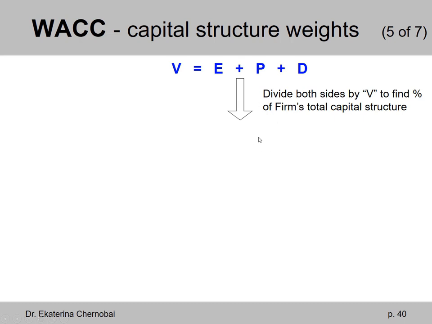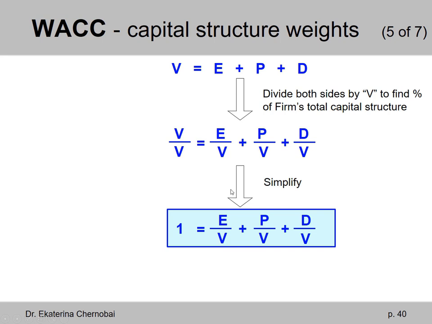Mathematically, we need to divide both sides of our firm value formula by the firm value, capital V. Then we would have V divided by V on the left-hand side, which is simply 1, and that equals on the right-hand side E divided by V, the weight of equity, some percentage out of 100%, plus P over V, the weight of preferred stock. Again, it's some percentage out of a total of 100%, plus D over V, the weight of debt.